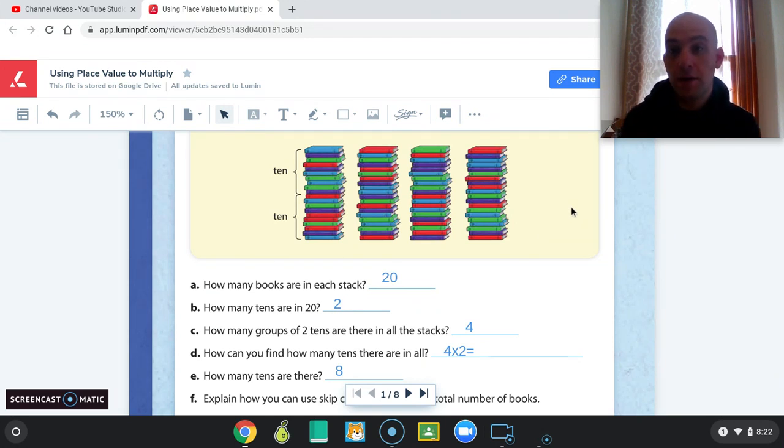Or we can count by 20s, and counting by 20s is just like counting by 2s, except we're going to add a 0 to the end of every number that we count by. So instead of 2, 4, 6, 8, we would say 20, 40, 60, 80. So we still get 80 books. We get the same answer. We can skip count by 10s or by 20s. Remember, skip counting is just counting by any number higher than 1.